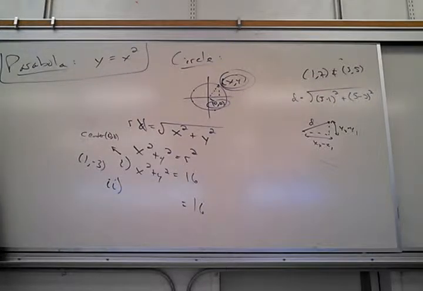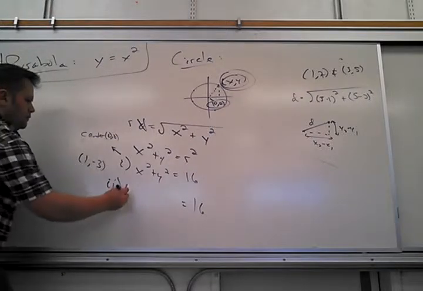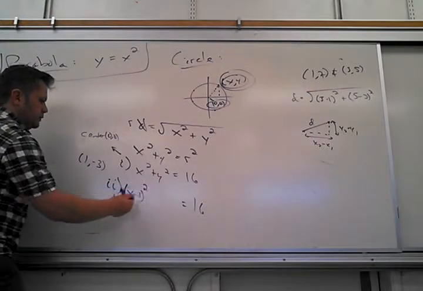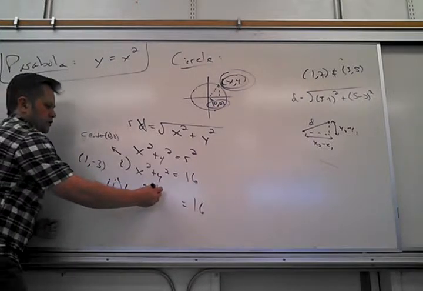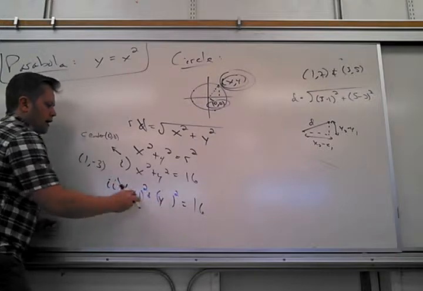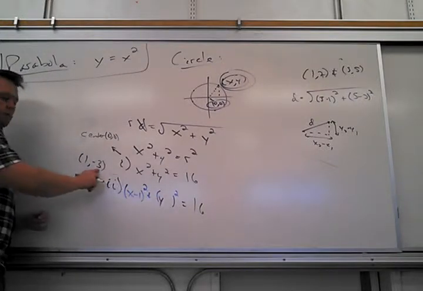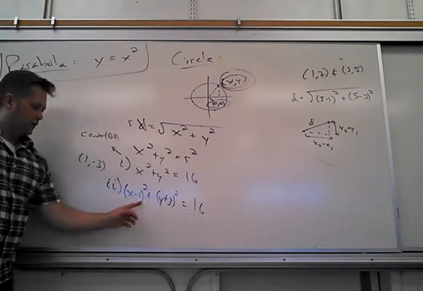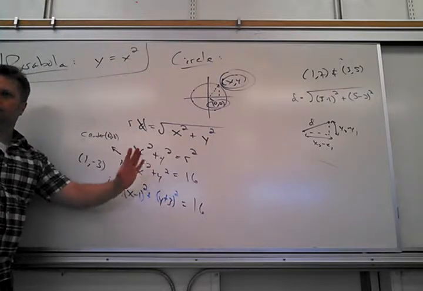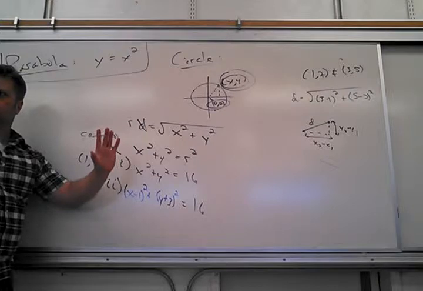How do I make this sucker move over 1? How do I make anything move over 1? Remember that? If it's in with the variable, it's the opposite. So that would move over 1. Here's something a little different. I got to put this one in with the y, so what would it look like inside here? Plus 3. So that would be a circle of radius 4 and center 1, negative 3. Is that cool?